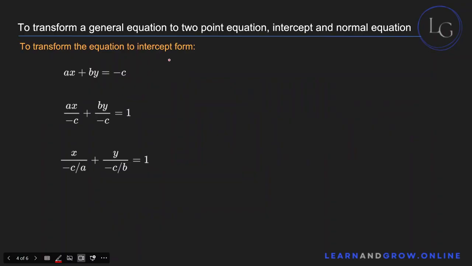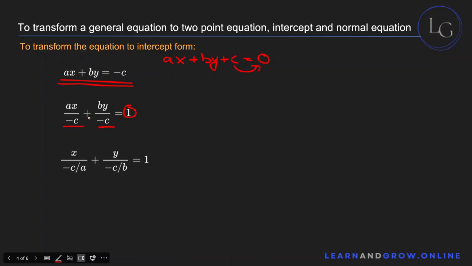The equation that was given to us was in the general form, which is ax plus by plus c is equal to 0. Now when you take the c to the right hand side, you get this. And now what you need to do is divide by this negative c on the right hand side and replace it with a 1, because if you re-engineer this and take this negative c to the right hand side, it will just give you this equation again.